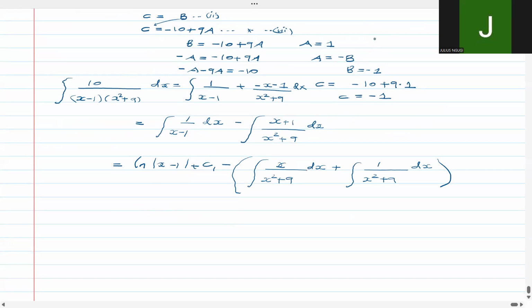Now, the first integral after we split, plus C1 for the first part, minus this first integral here.